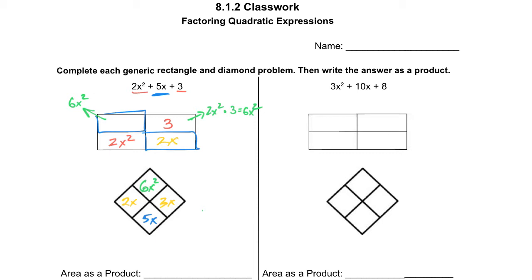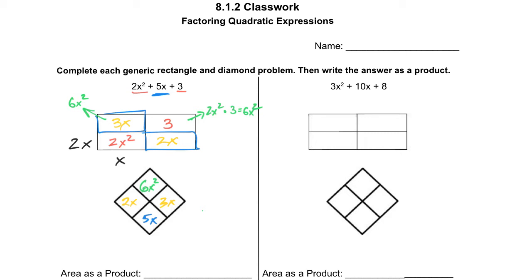So you put a 2x in one of the boxes, a 3x in the other box. And it does not matter which box you put those in, as long as you finish the rest of the problem by factoring. Once we're at this point, you can say, I've got a 2x squared and a 2x. What can be pulled out of both of those? That would be a 2x. On the bottom, this has to be an x in order to get 2x times x to be 2x squared.